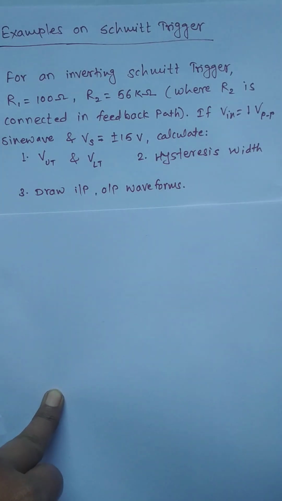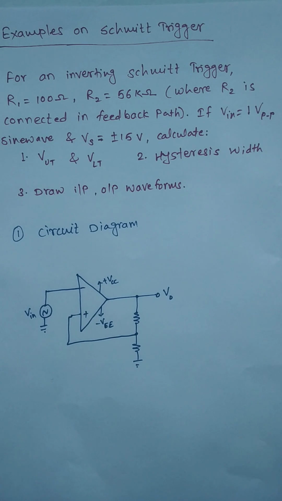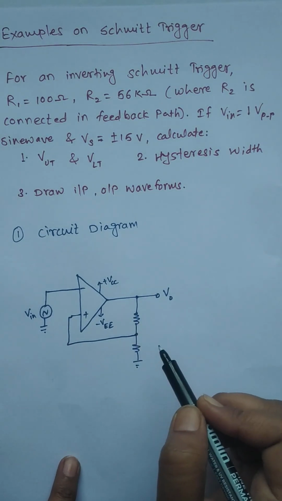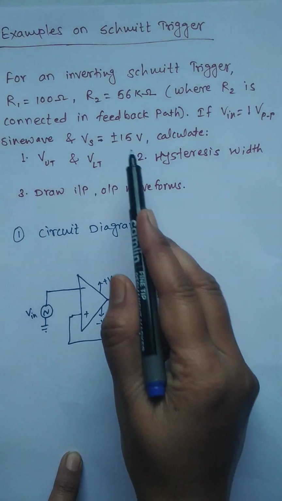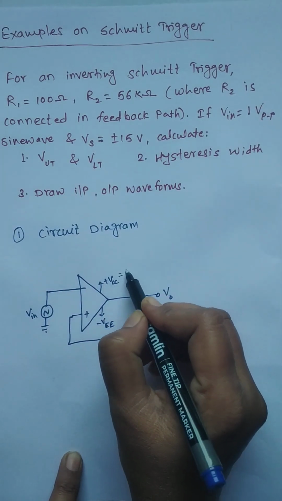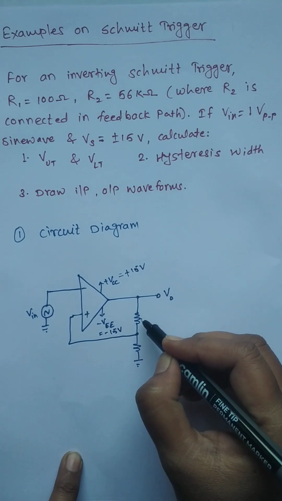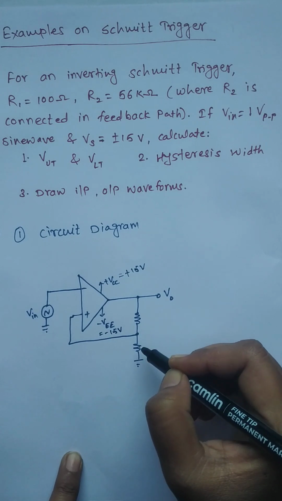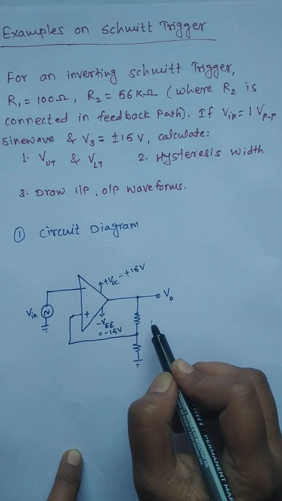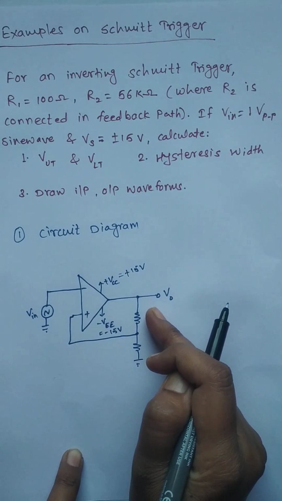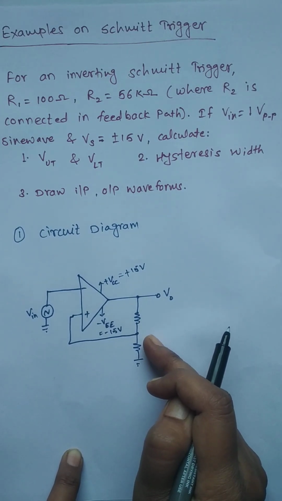So let us start. The first thing you have to do is draw the circuit diagram. After drawing the circuit diagram, we need to place all the values, as supply voltage is given as plus 15 volt and minus 15 volt. Now in between these two are R1 and R2. In the previous video we took this resistor as R1 and this as R2.